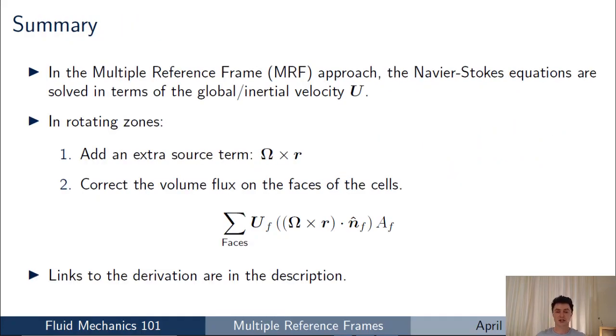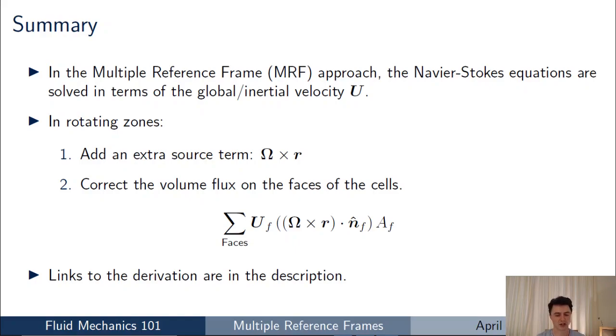So just to summarize this talk, the main points to note are that in the multiple reference frame approach, or the MRF approach, the Navier-Stokes equations are still solved in terms of the global or inertial velocity that you're used to using in CFD codes. However, we make two modifications to any regions in the domain that are rotating, so around a wind turbine rotor, a gas turbine rotor, or an impeller in a mixing tank, for example.